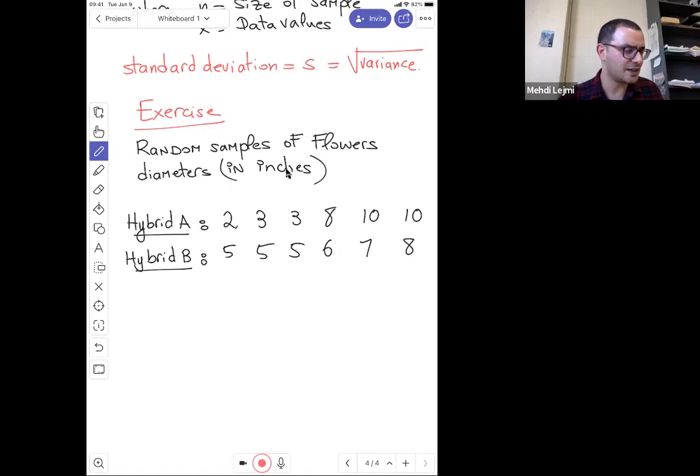As you can see, the diameters in hybrid A are more dispersed than B. So our guess would be that the standard deviation of A is larger than the standard deviation of B. Makes sense to you guys?